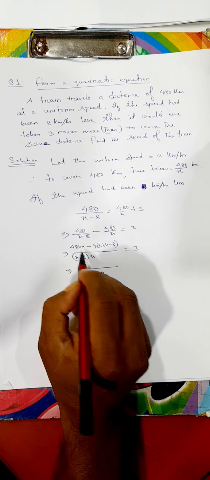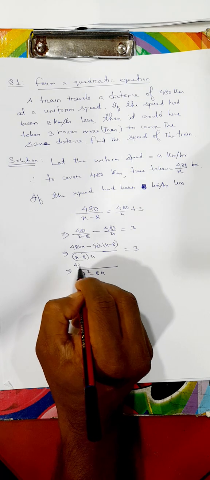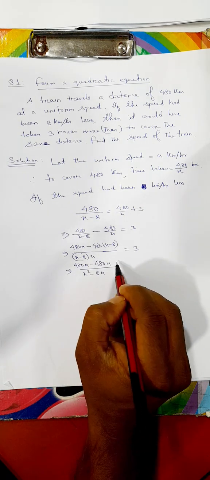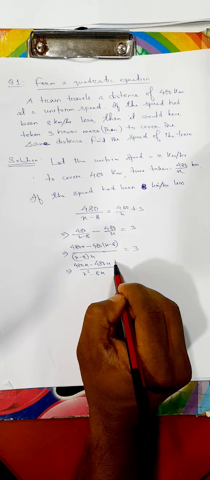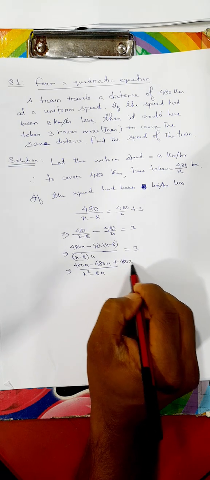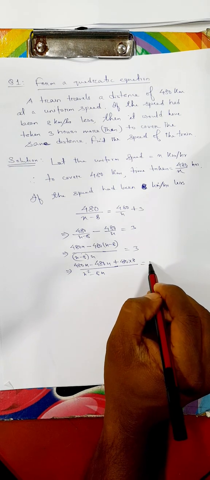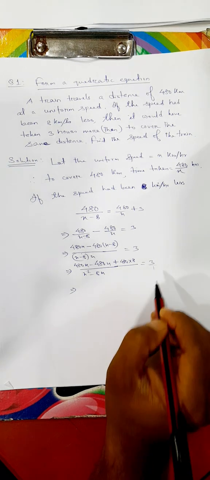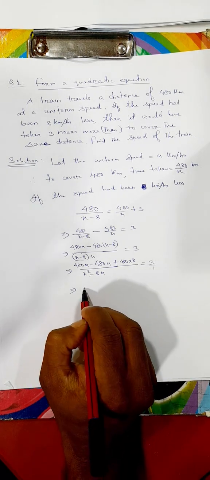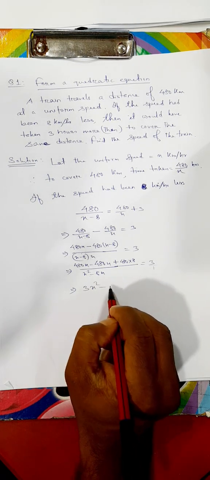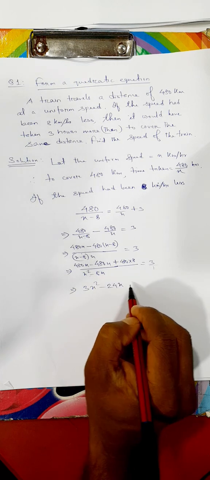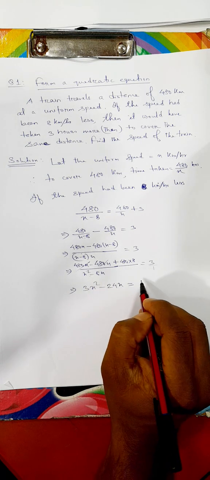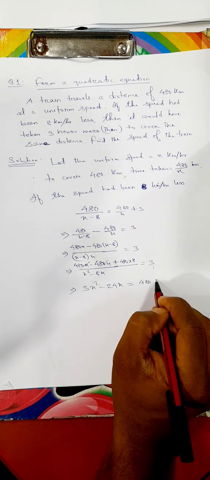This becomes 480x minus 480x plus 480 into 8 equal to 3. Now if we cross multiply, 3x square minus 24x equal to 480 into 8.